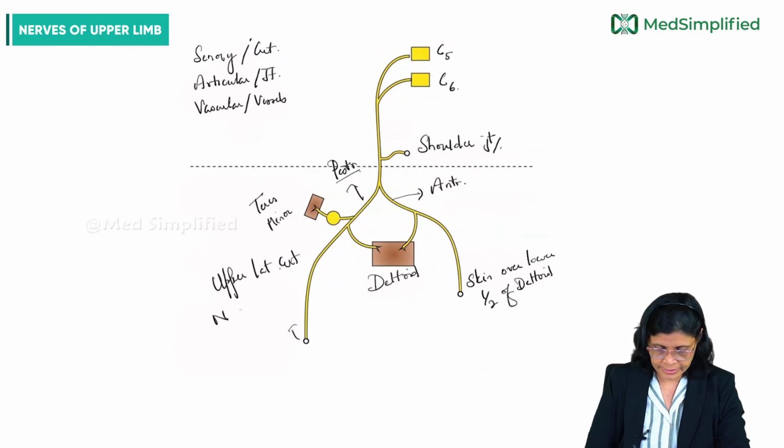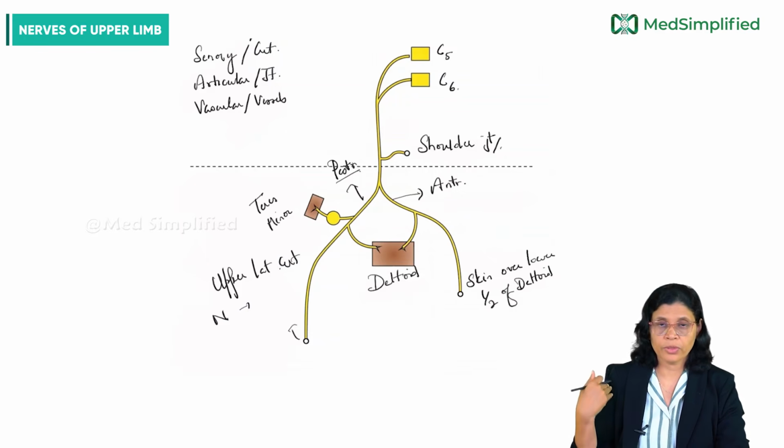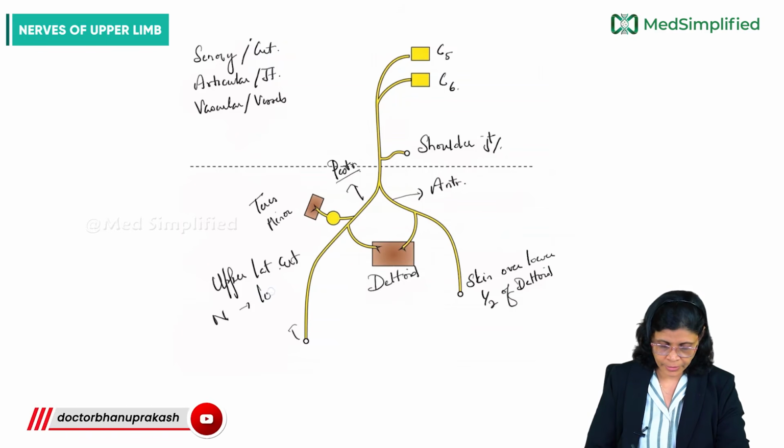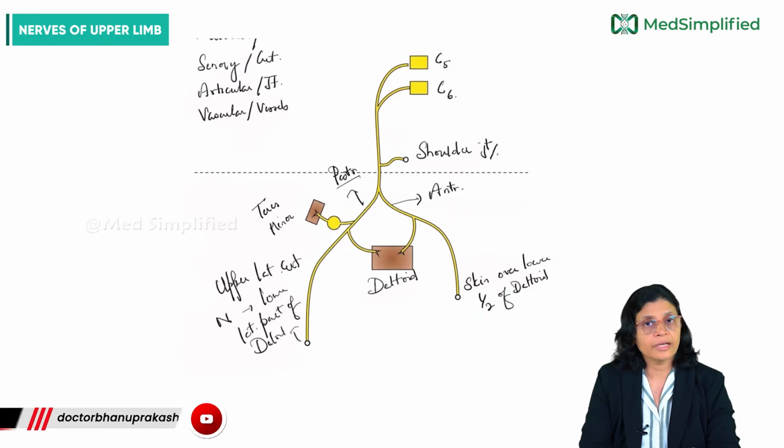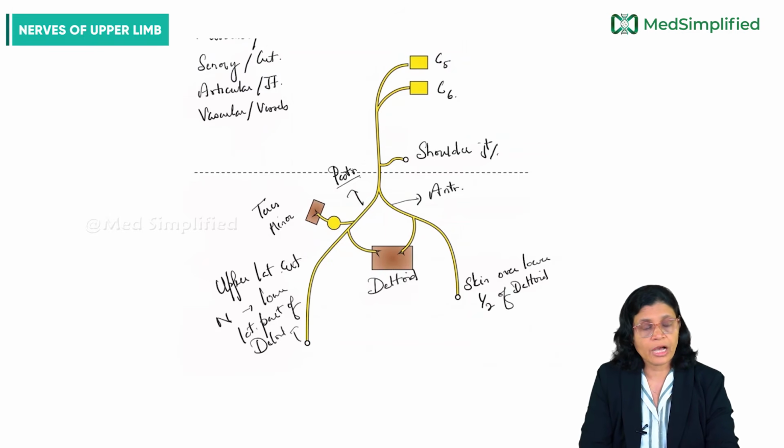So it basically supplies the skin over the lower lateral part of the deltoid. The anterior and posterior divisions, after supplying the muscle, end up as cutaneous nerves.